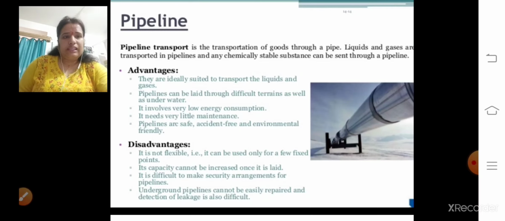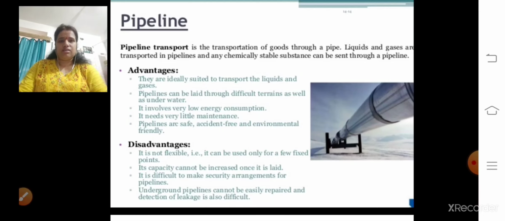Liquids and gases are transported in pipelines, and any chemically stable substance can be sent through a pipe. When we transport goods in liquid form through a pipe, that is known as pipeline transportation. Okay.